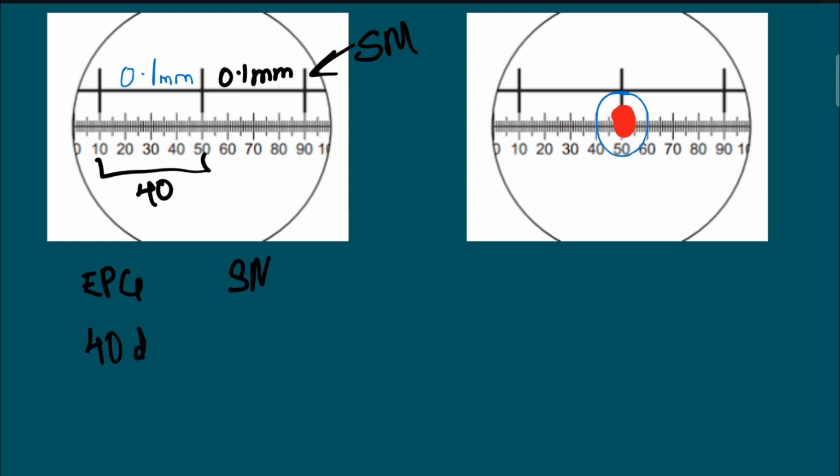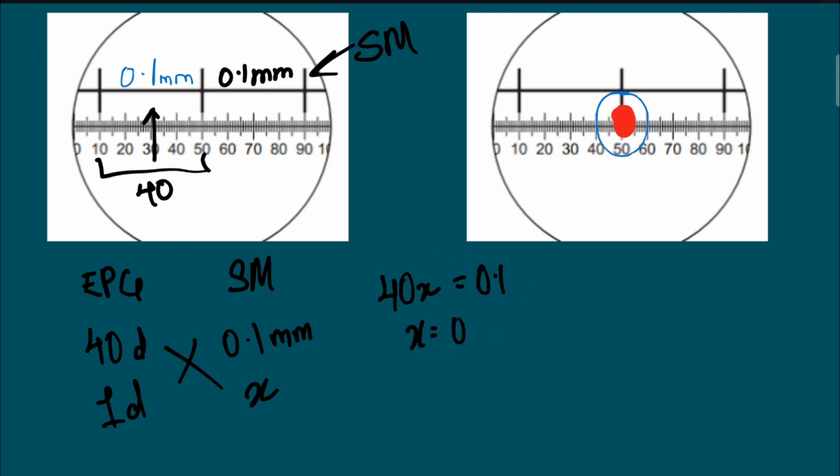The stage micrometer, in 40 divisions, what is its size? 0.1 mm. Alright, so if 40 divisions are 0.1 millimeters, one division is how many millimeters? So you do 40 times x, cross multiplication: 40 times x is equal to 1 times 0.1, which is 0.1.